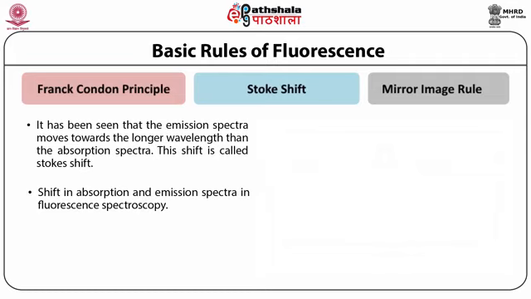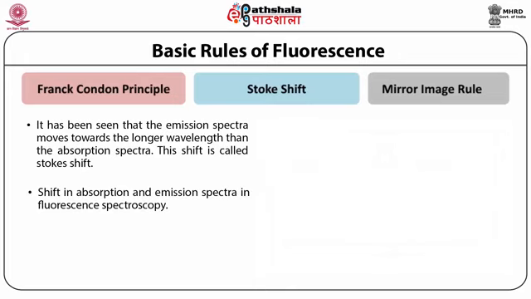The Stokes shift occurs due to the loss of energy to bring the excited electrons to the lowest vibrational energy level of the excited state from the highest vibrational energy levels.